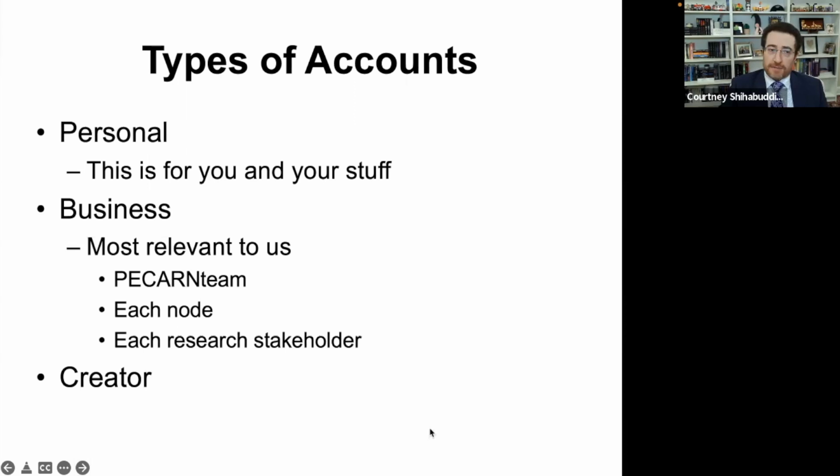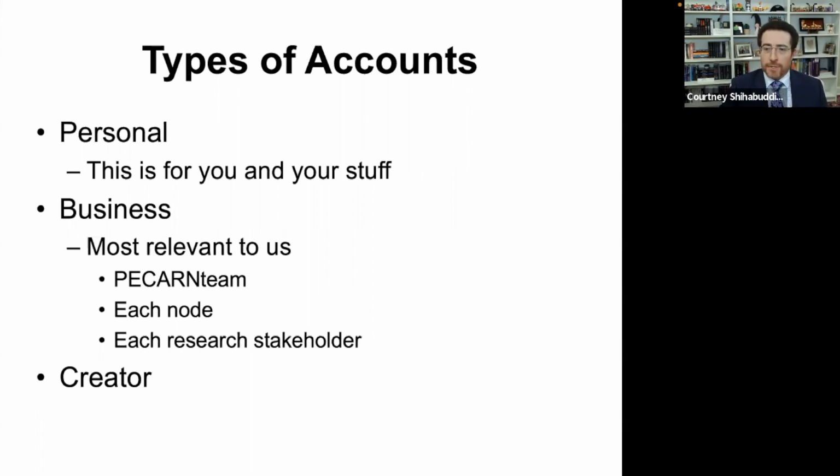Instagram has 3 types of accounts. Personal accounts. This is a type of account where you would share items that you necessarily don't want other professionals or colleagues to see. A business account, which is most relevant to, I feel, the dissemination field. Those are aimed at individuals who wish to share certain content with colleagues and specific audiences. The advantages of a business account is it gives you insight into your interactions, and I'll share some of those on the next slide.